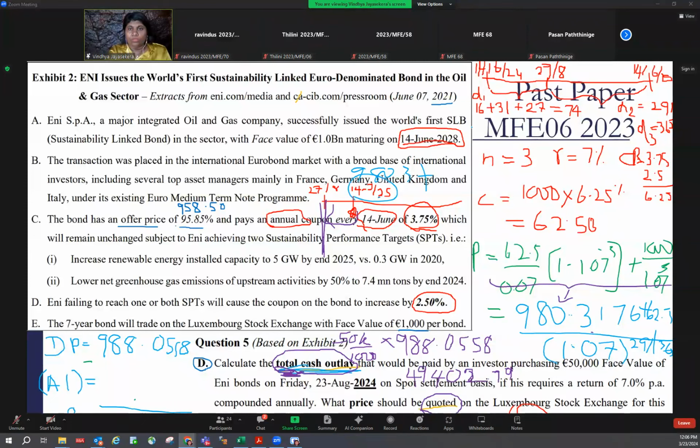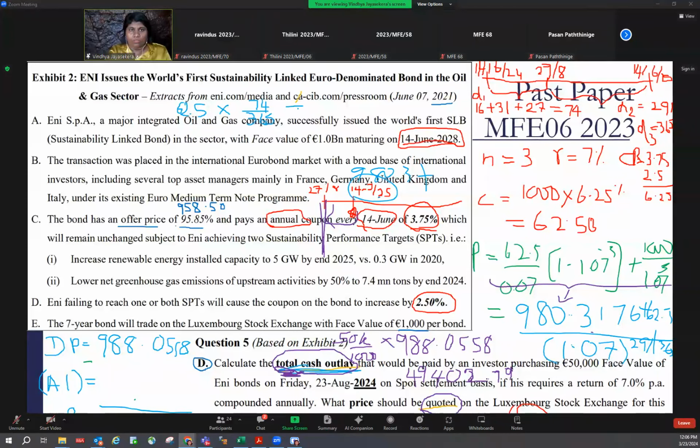So how much is accrued interest? Accrued interest is 62.5 for the year, divided by 365, multiplied by D174.